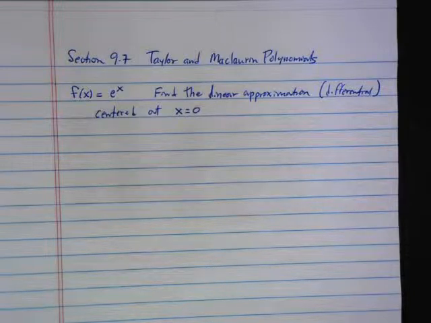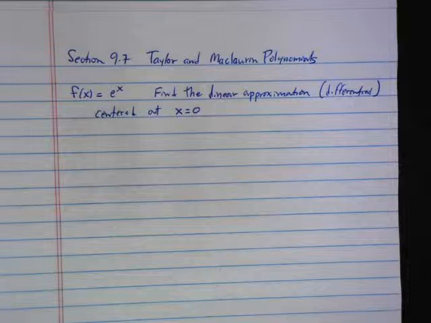What did that mean? If I asked you to find the linear approximation to f of x equals e to the x, what was I asking you to do? Well, what do the words linear approximation mean?